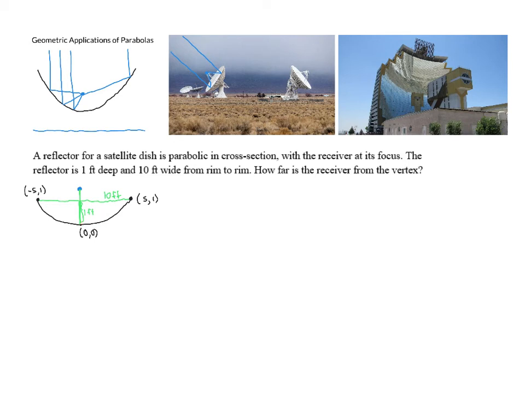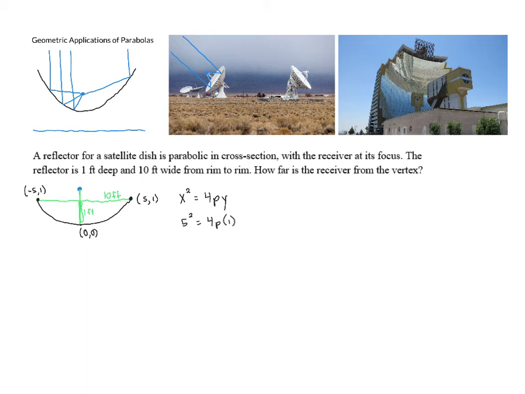And so we know that a parabola that has a vertex at the origin and opens upward has the equation x squared equals 4py. And because we know the point (5, 1) is located on the parabola, we know that 5 squared equals 4p times 1.